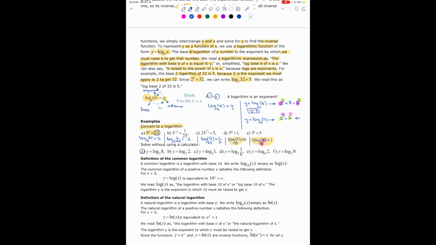So that leads to y equals 1. I'm going to erase what I did. Number C, we have y equals log base 2 of 1. And that converts into 2 raised to the y power is equal to 1. There is only one solution: when y is equal to 0, we will have the answer equal to 1.